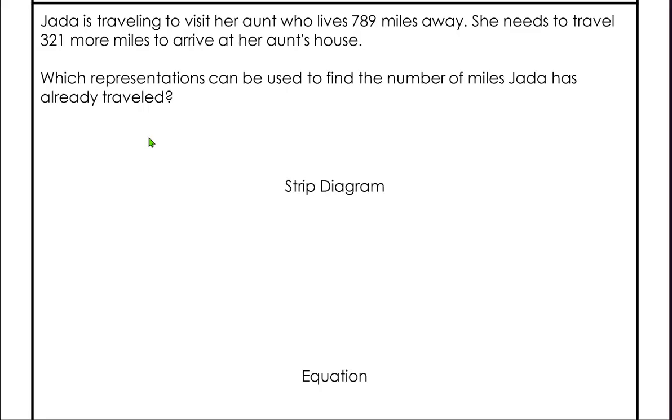So we know she's visiting her aunt who lives 789 miles away. She needs to travel 321 more miles to get to her house. Which representations can be used to find the number of miles Jada has already traveled?